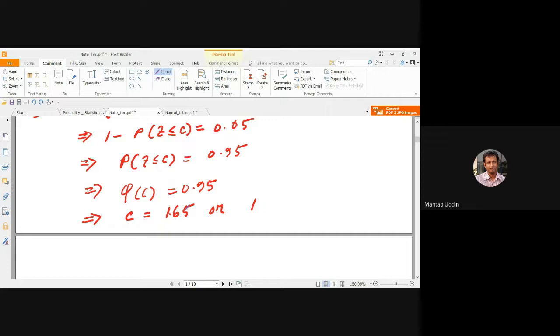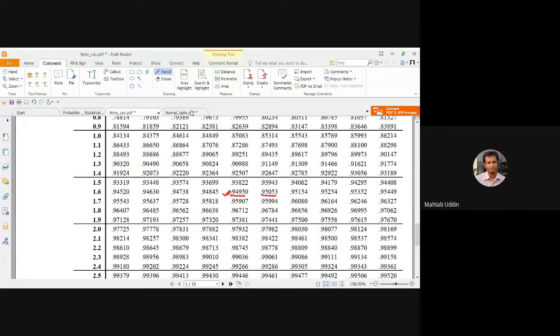But if the fifth decimal place is absent, you will find up to this. Then you can see they are equally distributed, so the value in the middle, in this position, you can write 1.645.